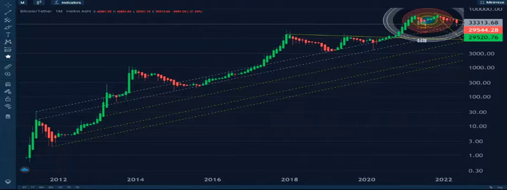And of course, we have the yellow colored areas, which have never been touched yet. Not that I'm suggesting that it will, however, it's possible.